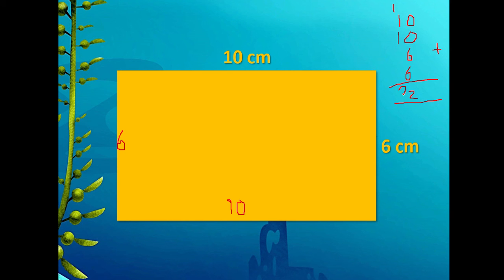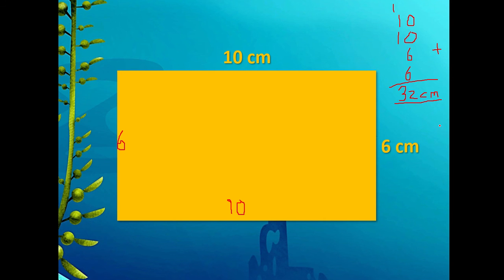So this is 32, and don't forget the unit of measurement, which in this case is centimeters. So the perimeter of this shape is 32 centimeters. I've made sure I've got a length measurement on every side and added them up.